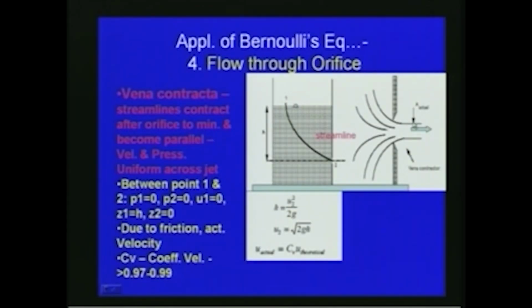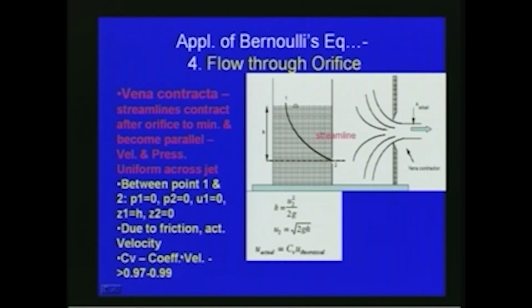When the fluid is coming out of the orifice, there will be friction with respect to the atmosphere, and due to the frictional effect, the actual velocity will be slightly different. So we have to multiply it by a coefficient called the coefficient of velocity. So the actual velocity is equal to the coefficient of velocity into the theoretical velocity.